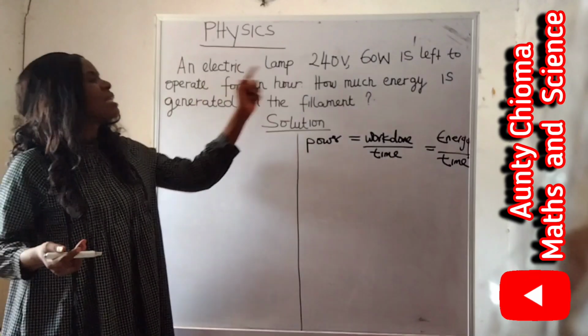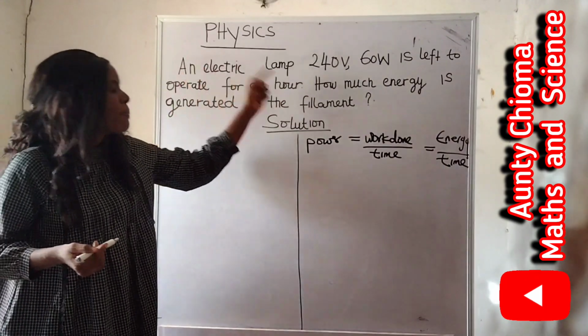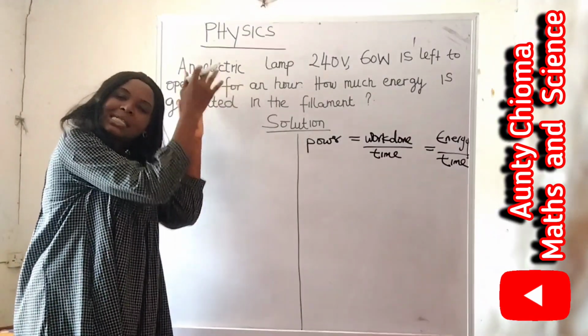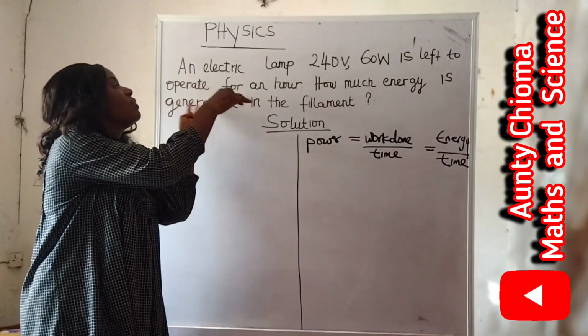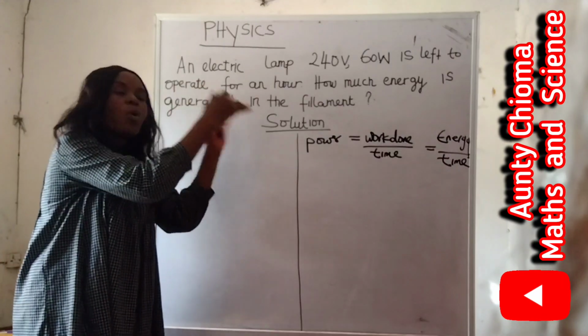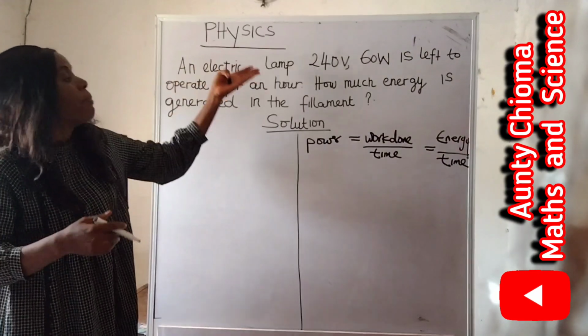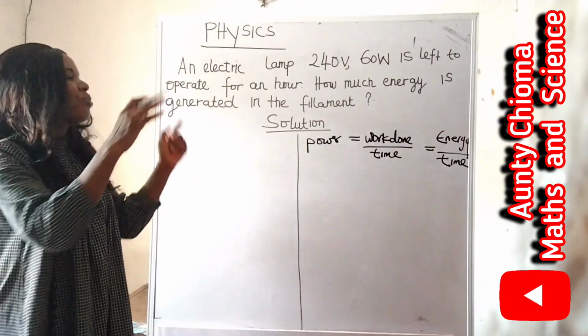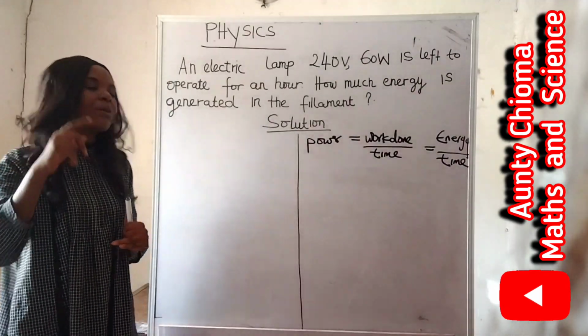Now, in the electric circuit, which is here as an electric lamp, what does the work is the material component of this electric circuit. And what are the material components of any electric circuit? I will name them for you.